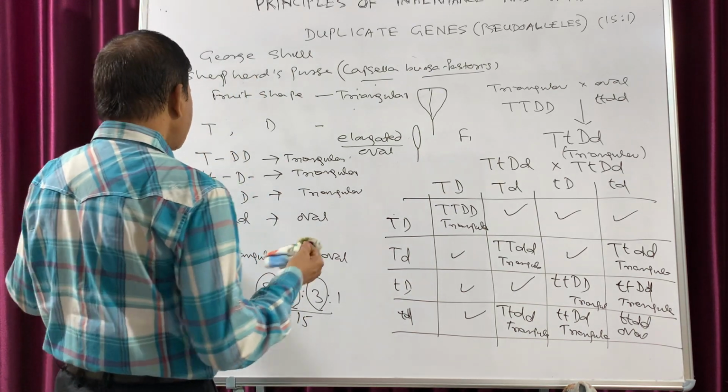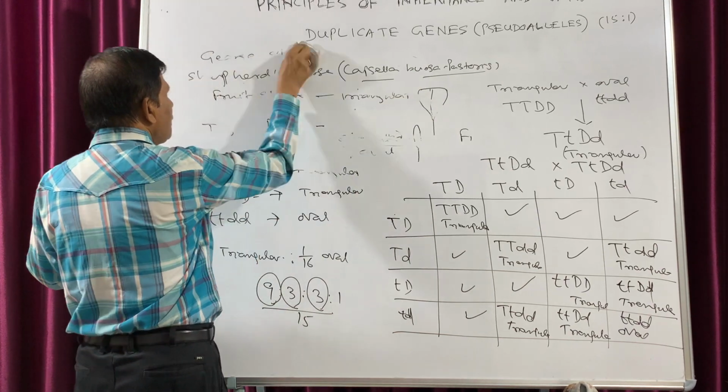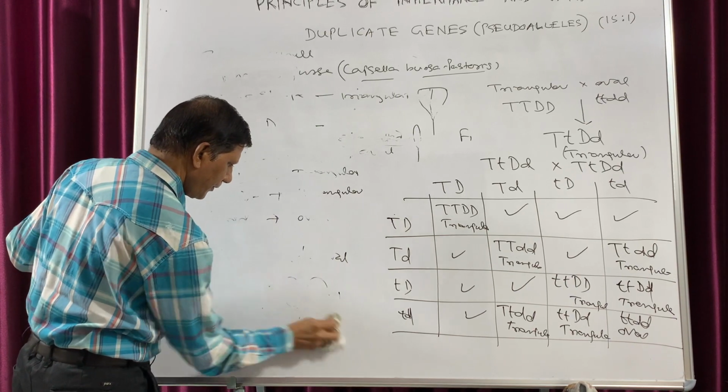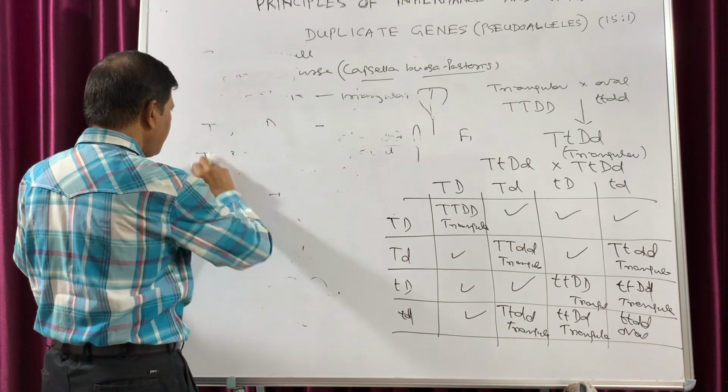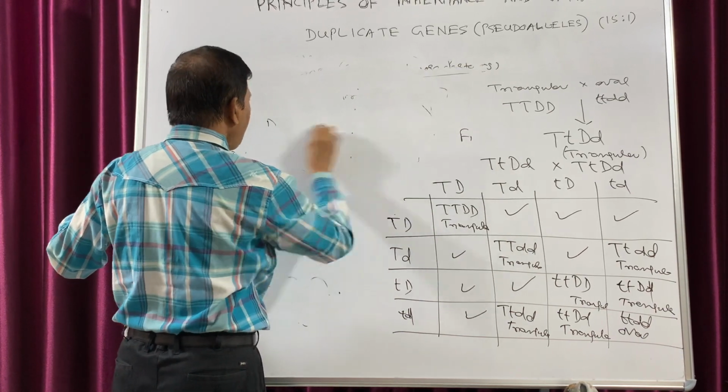We can also discuss a second example, that is awned and awnless rice, briefly for the purpose of example.